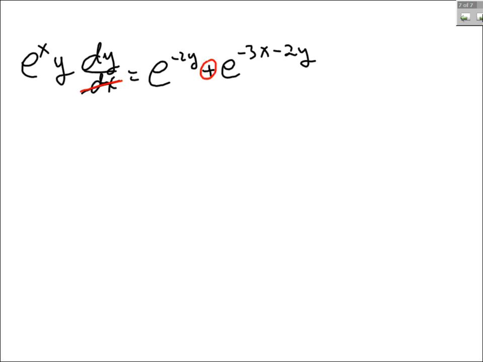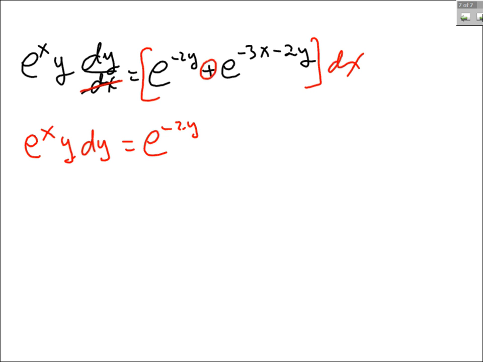They're separated by an addition sign. Put it in brackets. Now it's one term times dx. e to the x times y dy is equal to e to the negative 2y plus e to the negative 3x minus 2y, all times dx.